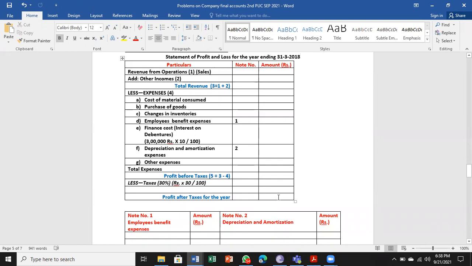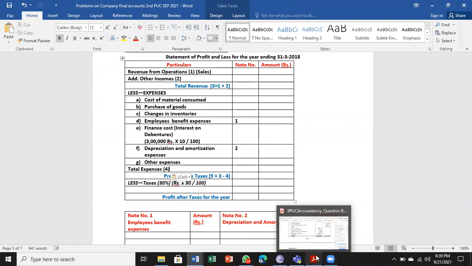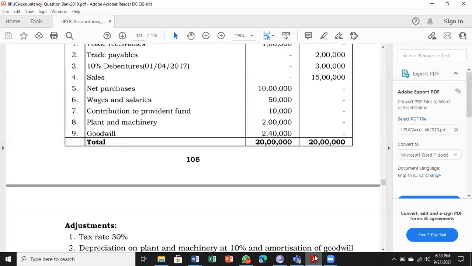So I have the pro forma ready here. I told you to keep all the expenses information and not to avoid it. It will be good for the examination. So you have to remember all the 7 headings under expenses. So we'll go one by one now and start making an entry.